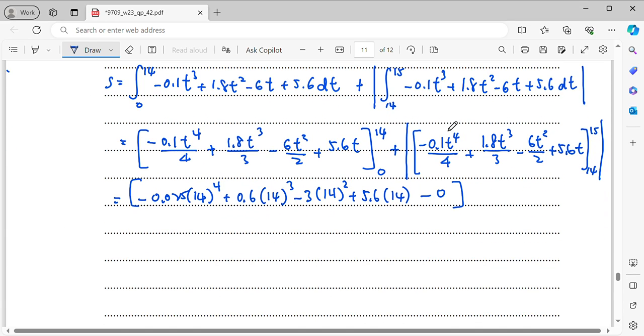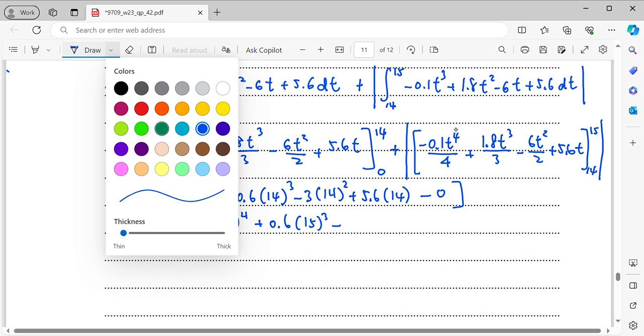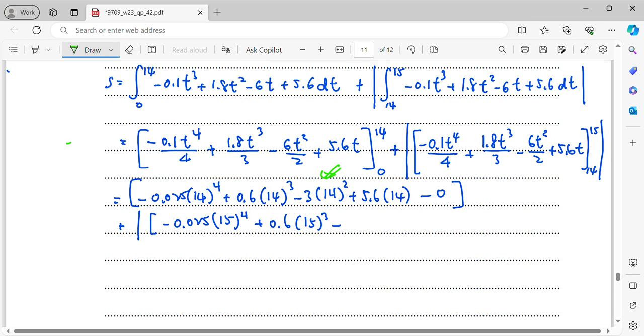And now for the next one, remember to put a modulus. Okay, so negative 0.025, replace the t by 15 first. Just refer to the first calculation here. Alright, replace the 14 by 15.